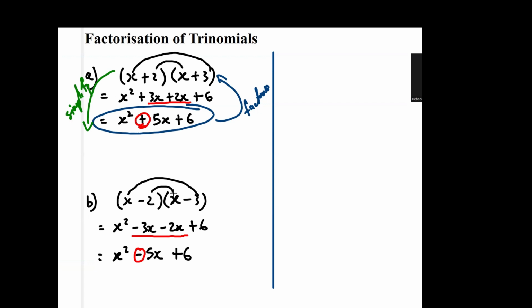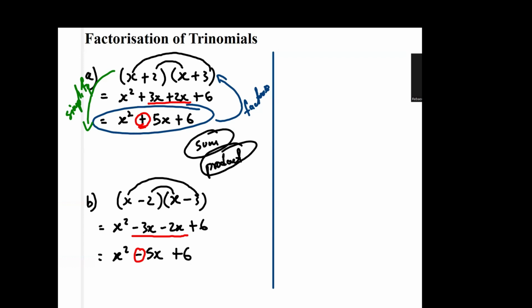And this is not an accident, by the way. I also need you to consider the fact that 3 and 2 in both cases are actually factors of 6. So what happens in these two cases is that we're looking at the sum of the factors of 6, which will give us the middle term, and obviously the product, that is the two factors of 6, must multiply to a 6.